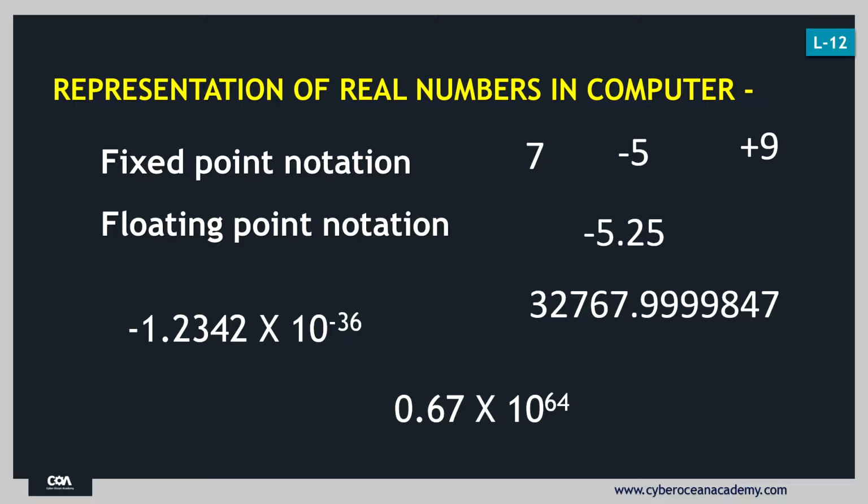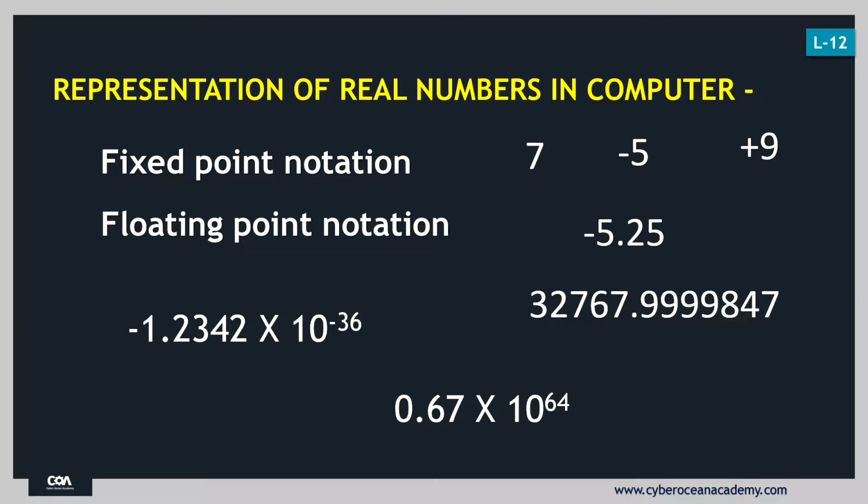Fixed point notation has certain limitations: we cannot represent a very large number, such as 0.64 into 10 to the power 64, or a very small number like minus 1.2342 into 10 to the power minus 36. So we represent this kind of number with the help of floating point notation, and modern architectures also use floating point notation.